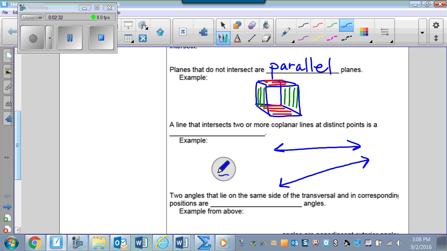And so now we've got another line that intersects these two lines at distinct points. So here's that other line. What is that line right there? That's called a transversal. And a transversal is very special to us because it creates all kinds of special angles with special relationships.